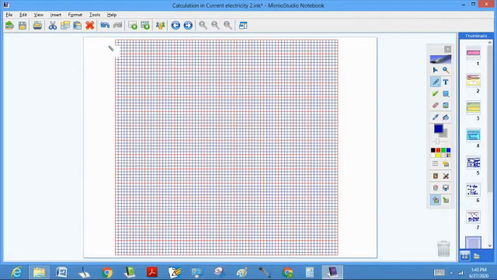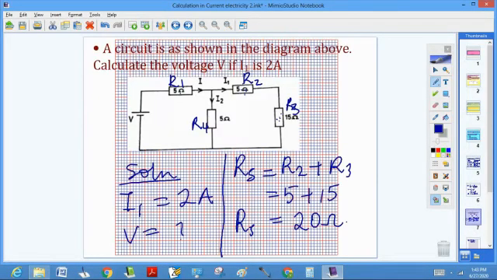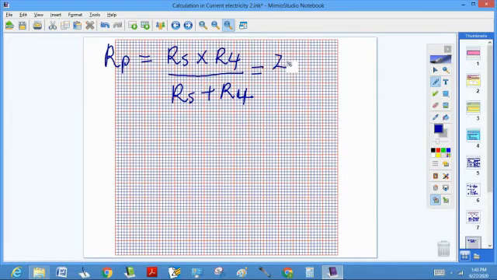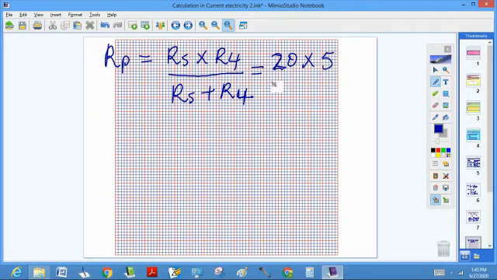R parallel will be RS times R4 all over RS plus R4, and that will be equal to 20 times 5 divided by 20 plus 5.